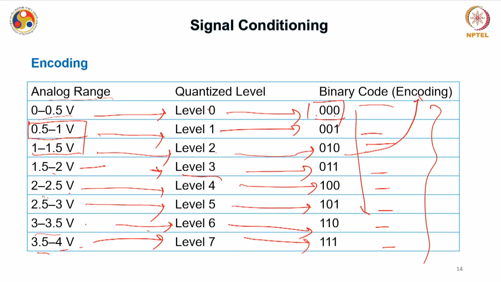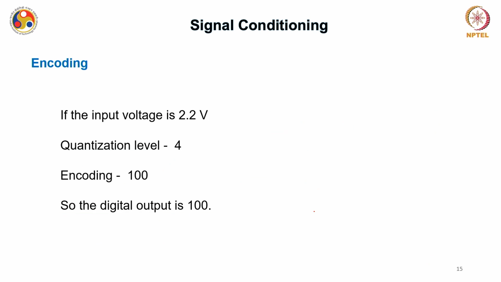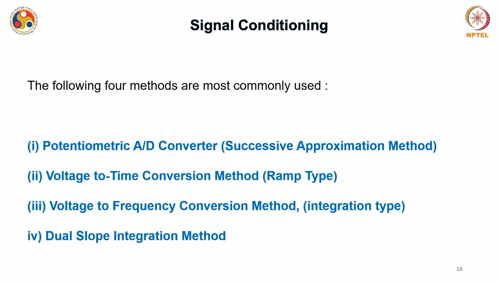Now say the input voltage is 2.2 volt. If you see this chart, 2.2 volt is in the 2 to 2.5 volt range, and 2.2 volt will be quantized under level 4 and will be given a binary code of 100. So the digital output at this place will be 100.